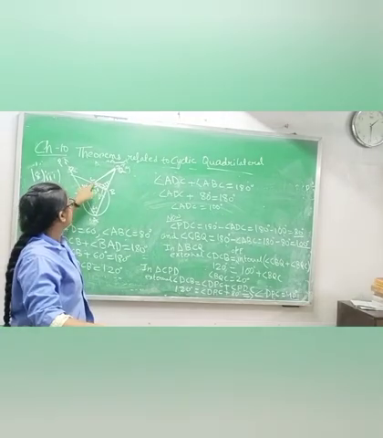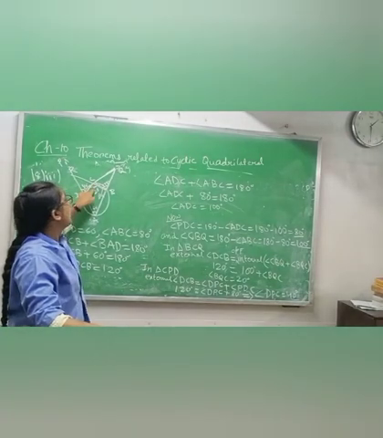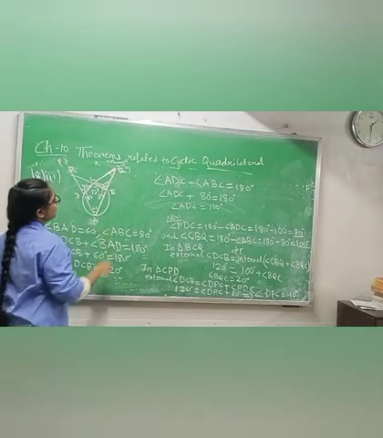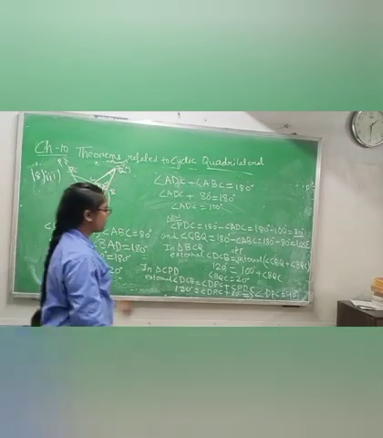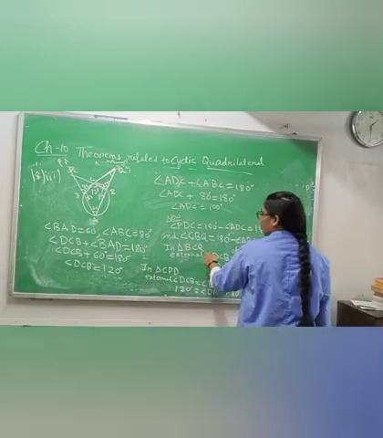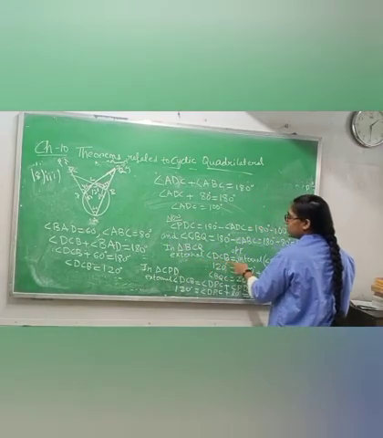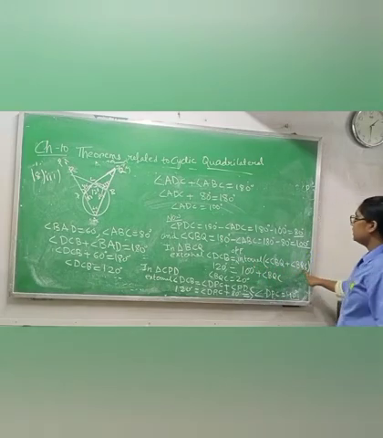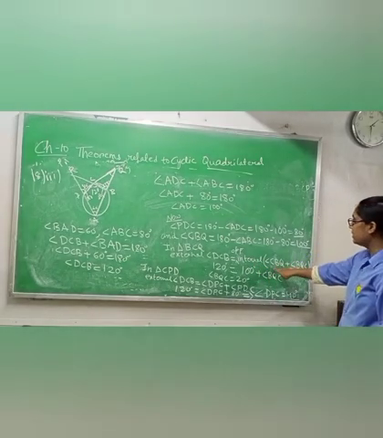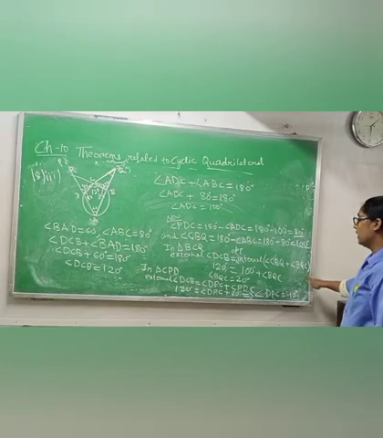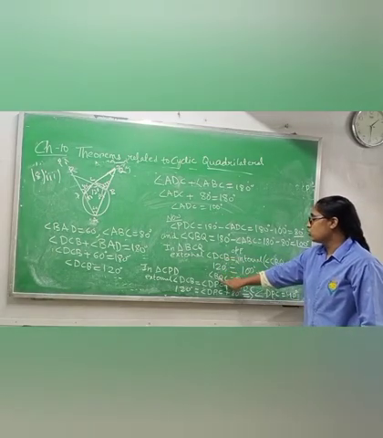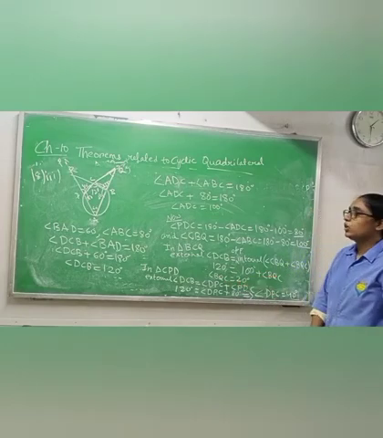If BCD is the external angle, the opposite internal angles will be this and this, meaning angle B and angle Q. That is why I have written in triangle BCQ, external angle DCB equals the sum of opposite internal angles, CBQ plus BQC. CBQ value is 100, DCB value is 120. So you will get BQC as 20 degrees.